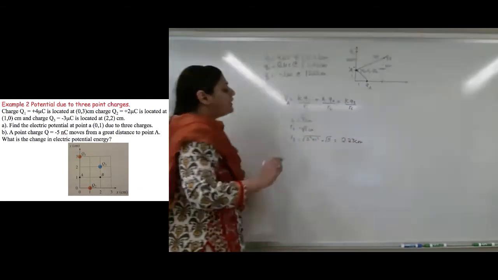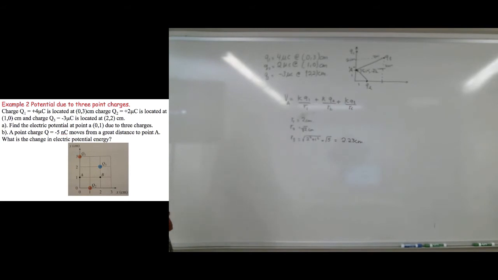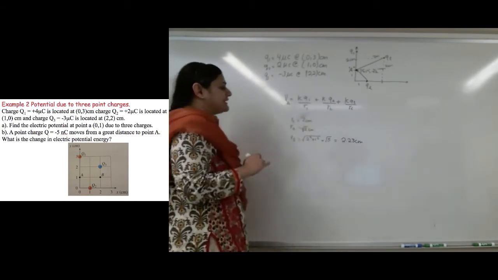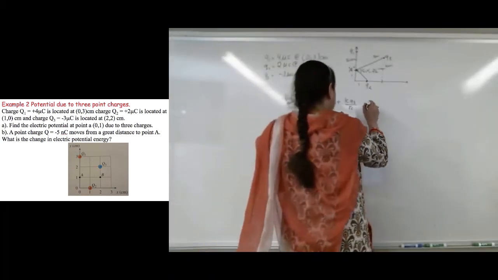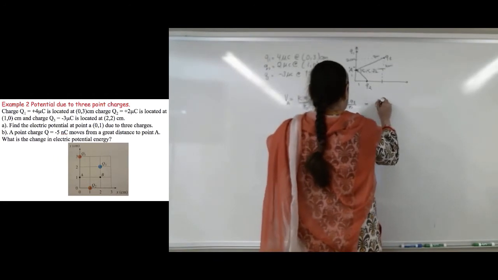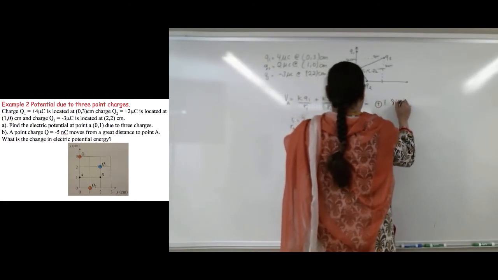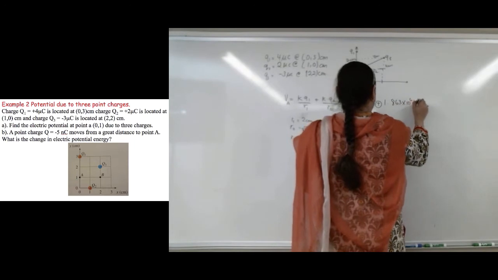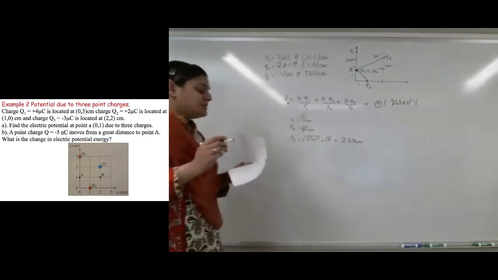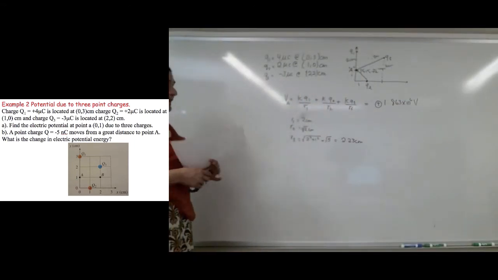Once we have all of these numbers, all that's left to do is to plug them in and solve, and I get plus 1.863 times 10 to the 6th volts. Now, why is it important to recognize whether this is plus or minus?